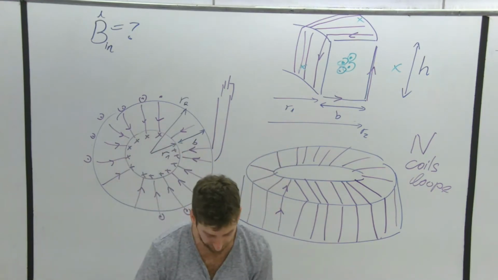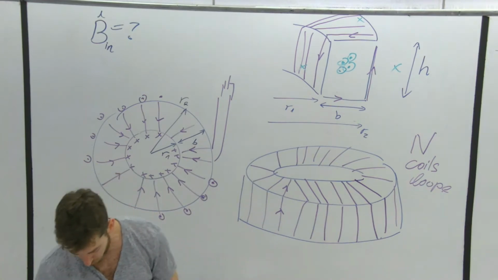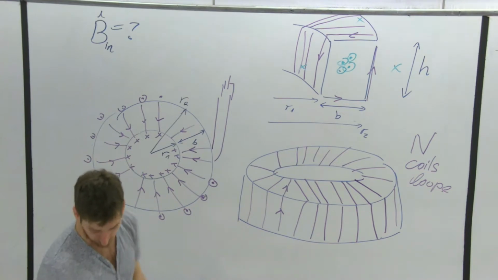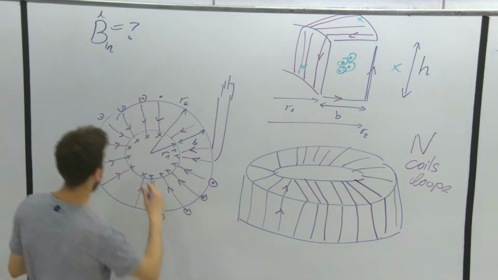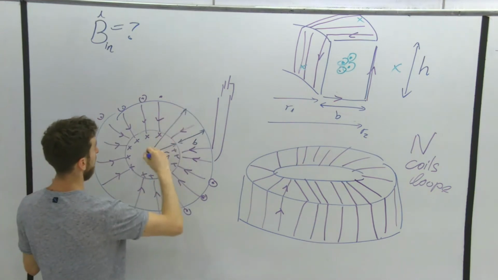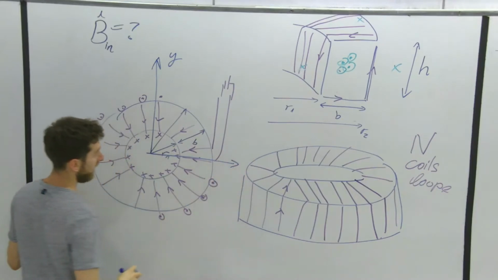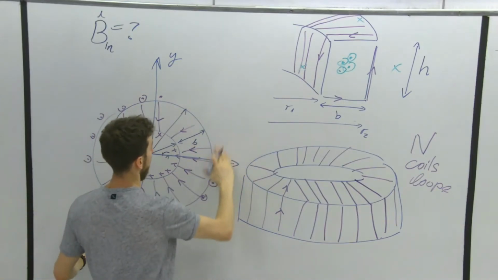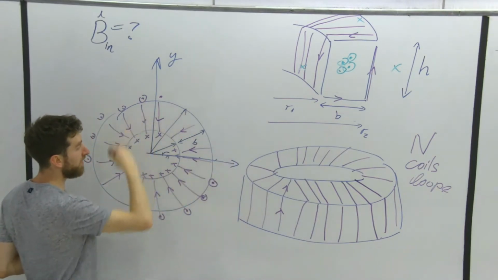If I give axes to the drawing that we had before, let's clean it a little bit. This one is Y, and this one is X. So here the current is leaving the side.